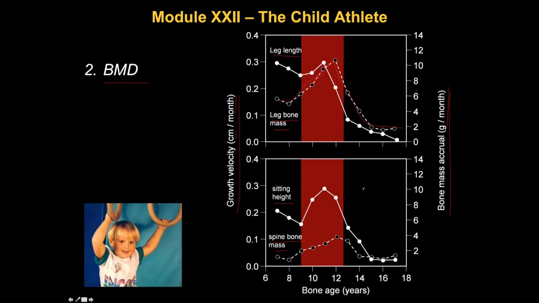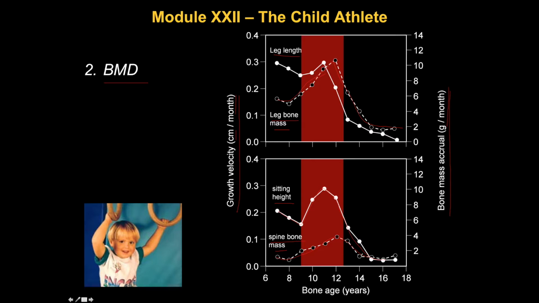So that's important because if we interfere with either of these processes, so if we interfere with sitting height, that sitting height may not be optimized because of whatever training program we have the child on, that can be affected, as well as the bone mineral density accrual, that can be affected, as we saw in things like the female athlete triad.